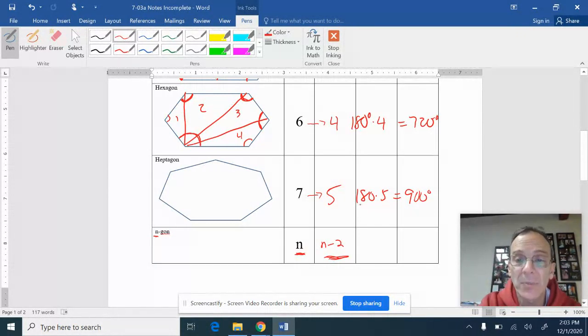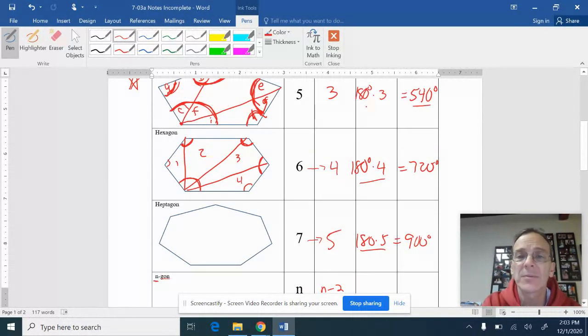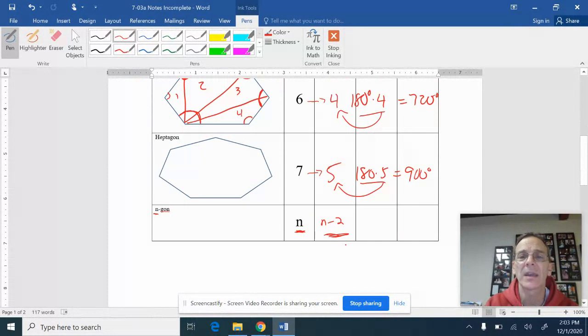And again, do you see the pattern here? 180 times 5, 180 times 4, 180 times 3. It's always 180 times whatever that number of triangles was. And so in this case, for a polygon with n sides, it's going to be 180 degrees times n minus 2.